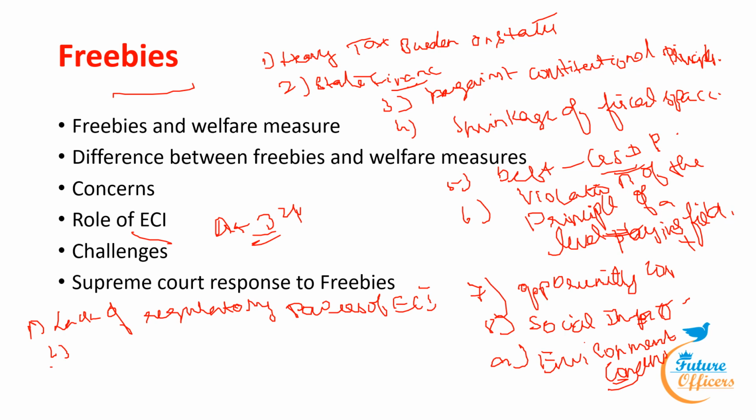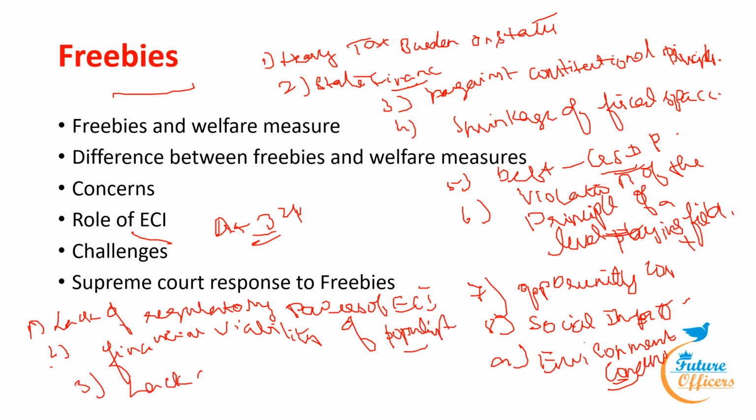Next is no assessment of the financial viability of populistic policies. Next, lack of information to the voters. So these are some of the challenges seen in freebies.